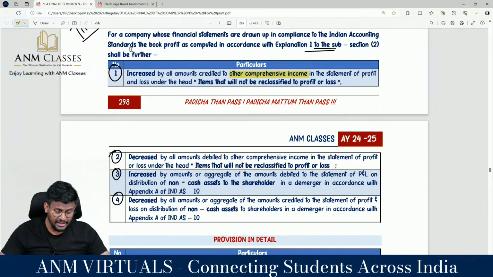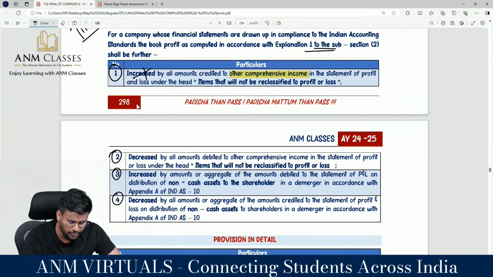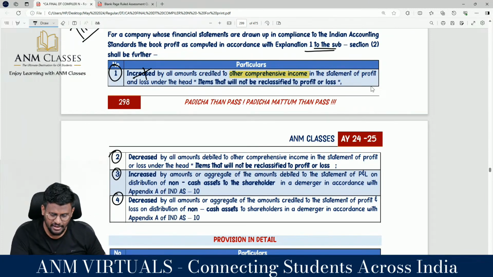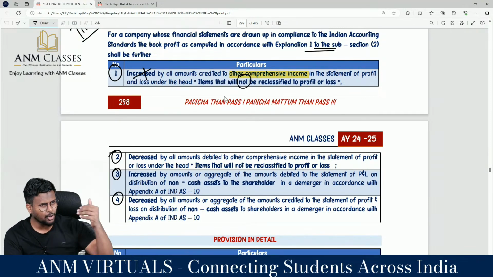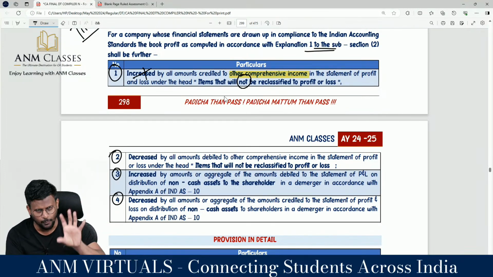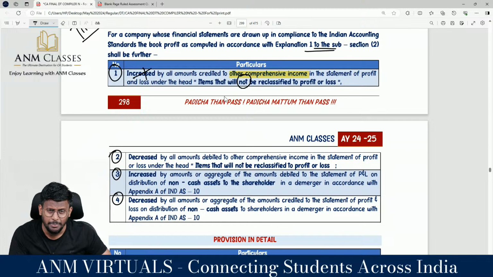So increased by means we have to add. By all amounts credited to OCI in the statement of P&L, under the head items that will not be reclassified to P&L. So in the statement, two categories of items will be there: items that will be reclassified to P&L, that means in future they will come to the P&L account, and items that will not be reclassified to P&L, which in future will never come to the P&L account.